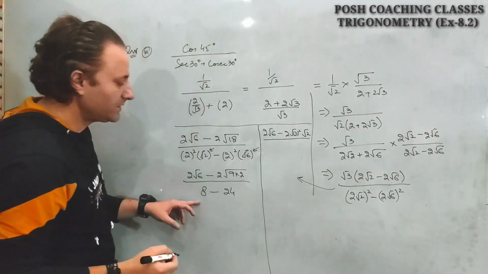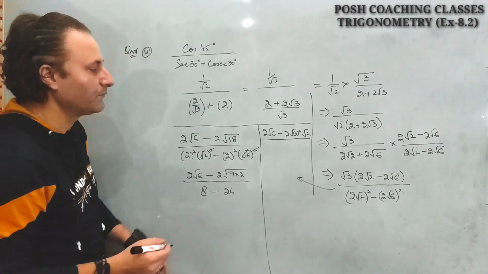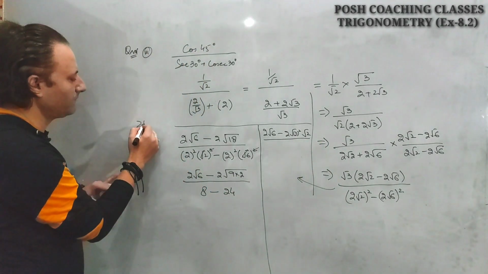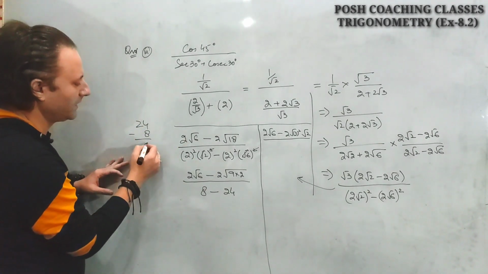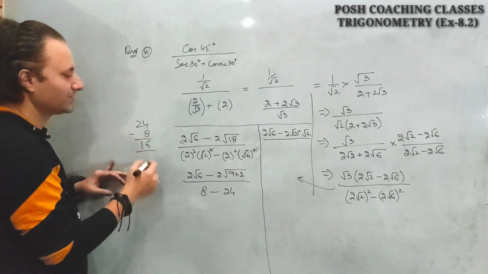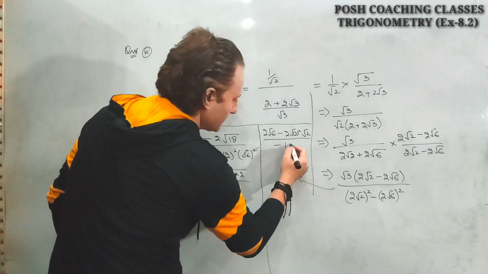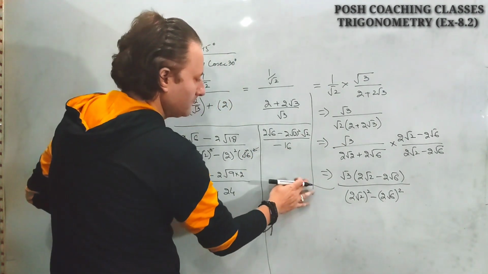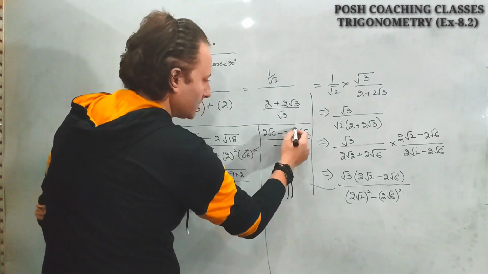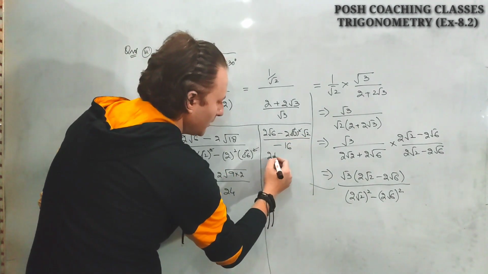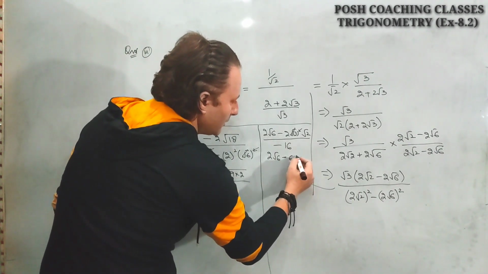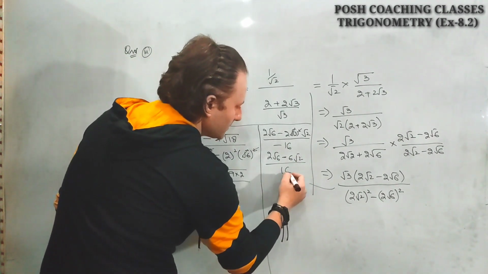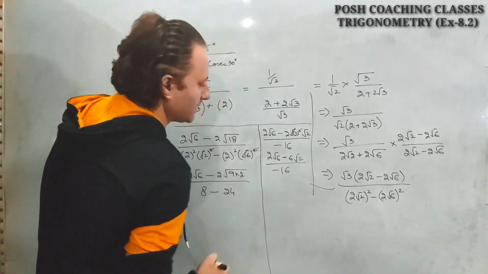Here 8 minus 24. So if I take 24 and 8 minus 8, 9, 10, 11, 12, 13, 14. So we have 6 and 1. So it is 16, but there is a minus here. Okay. Now what else we can do? This and this is gone. So we have 2 under root 6. Then we have minus 6 under root 2 upon 16, I mean minus 16.